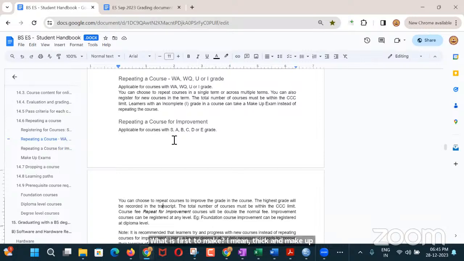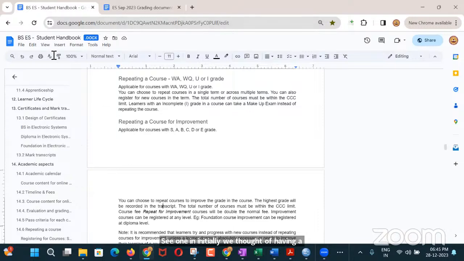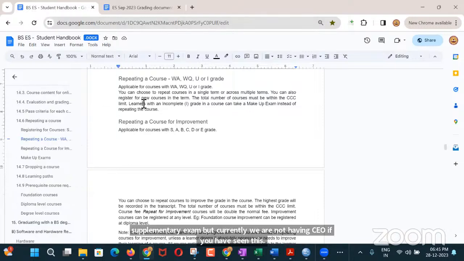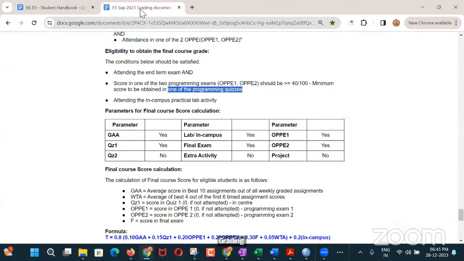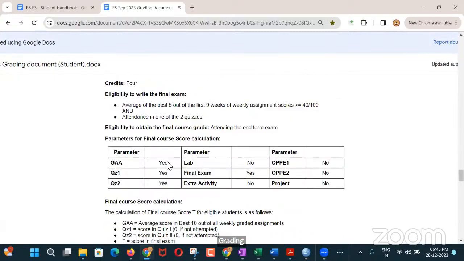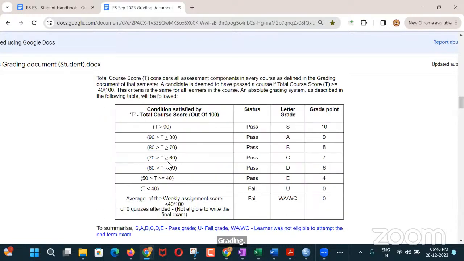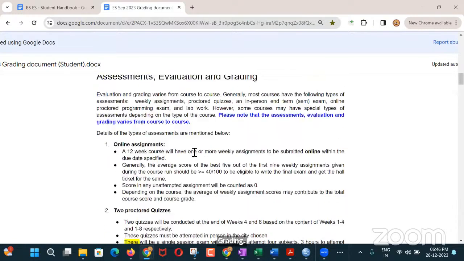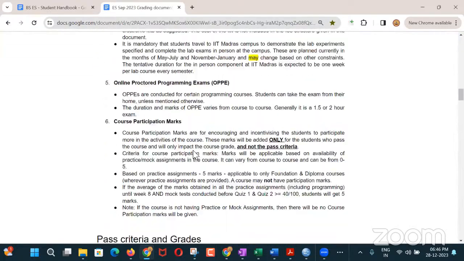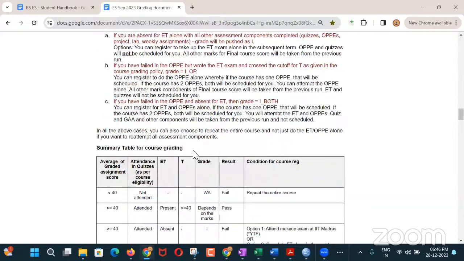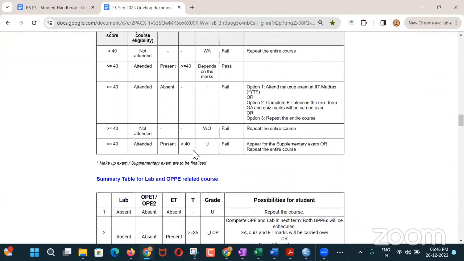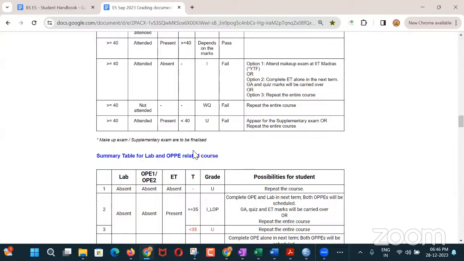See, initially we thought of having a supplementary exam, but currently we are not having it.